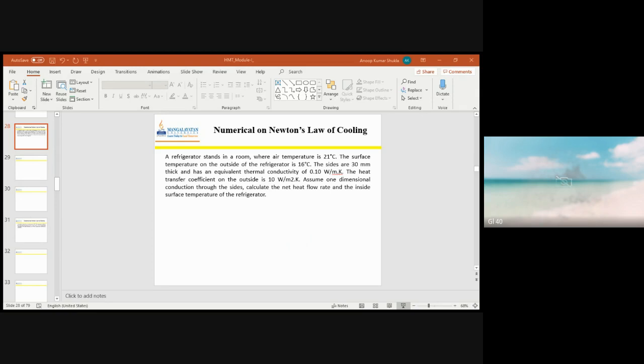Whatever heat conduction to the plate from top to bottom is equal to the heat convection. Now apply Newton's law of cooling and Fourier law of conduction for calculating the heat transfer coefficient in this problem.